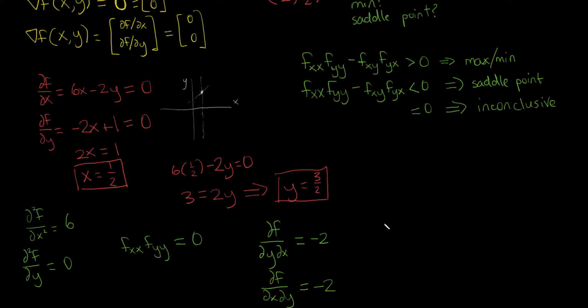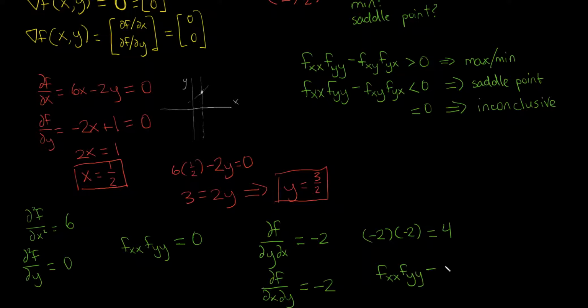If we multiply these together, we get negative 2 times negative 2, which equals positive 4. But we are subtracting it from the second partial derivative of f with respect to x times the second partial derivative of f with respect to y.